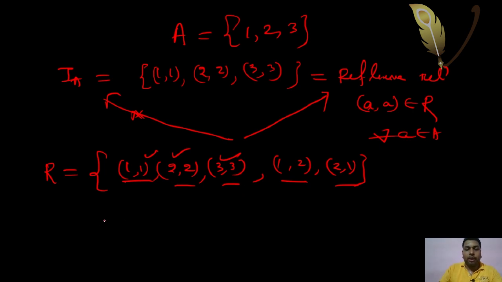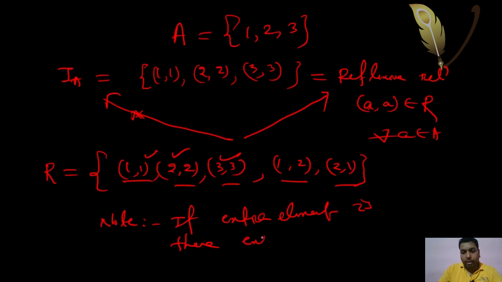Note, you can write in the note, if an extra element is there except the identity elements, that is (1,1), image of 1 is 1, image of 2 is 2, image of 3 is 3, except that if an extra element is there, then it is called reflexive.